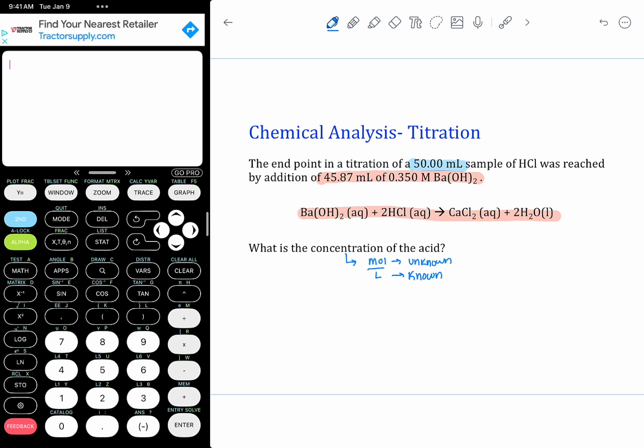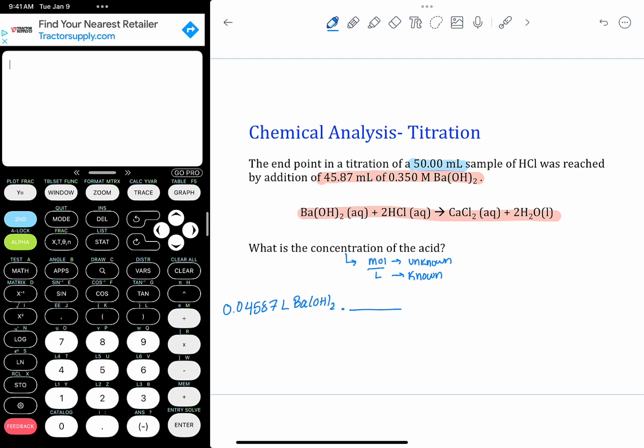So to find that, we're going to take our volume, which I'm going to convert first to liters because we know if we're working with molarity, we have to use liters, not milliliters. So we're going to take that 0.04587 liters of barium hydroxide, and we're going to multiply it by its molarity.